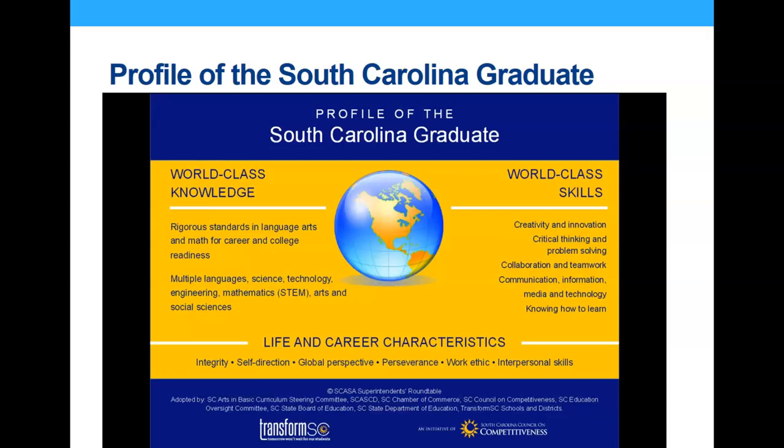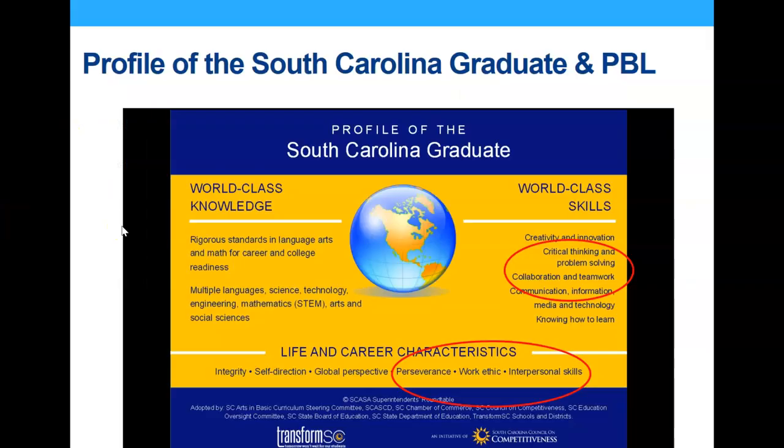And one thing that the research has shown about project-based learning is that as a method of teaching, it can help students learn the material more effectively, to remember it, and to transfer that material. So project-based learning can help us meet this part of the profile, this world-class knowledge part.